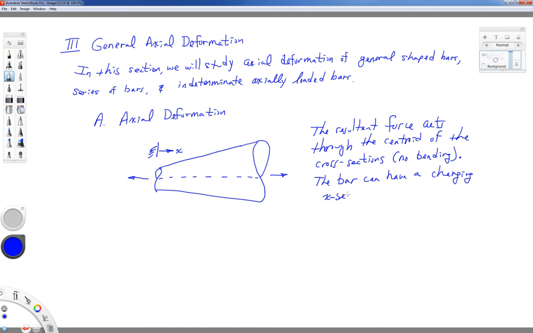I'll abbreviate that as X section. And in addition to that, the load could change along the length. And the material properties. All of these things can change with position X.